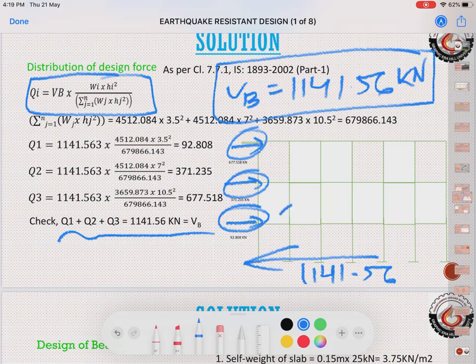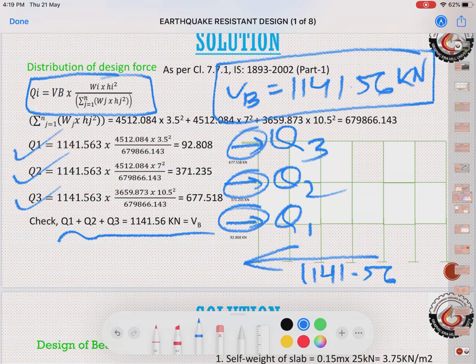When we sum this, it will come equal to this value, and this can be easily calculated using this formula. All these values q1, q2, q3. The q1 is the lateral horizontal seismic force on floor 1, q2 is the lateral horizontal seismic force on floor 2, q3 is the lateral horizontal seismic force on floor 3. So use this formula and you can very easily get it.